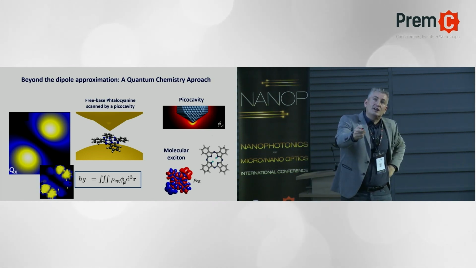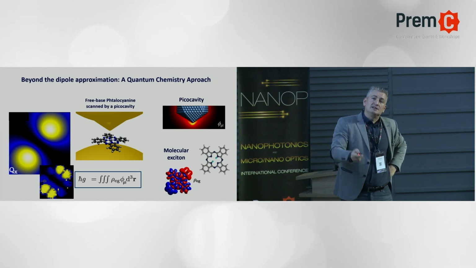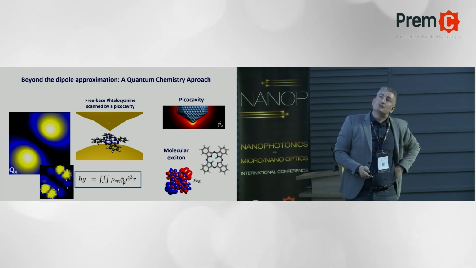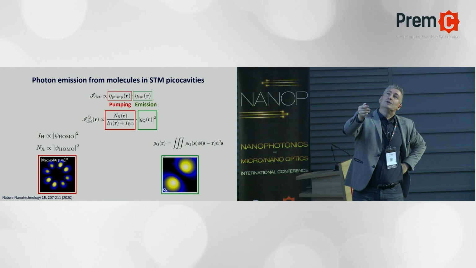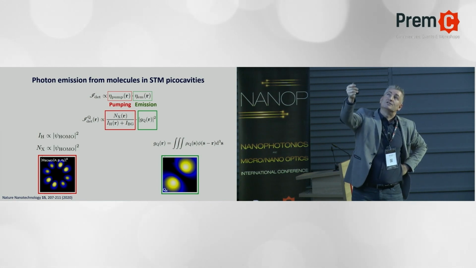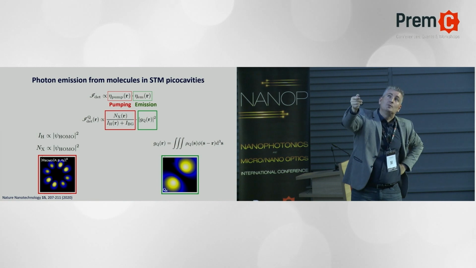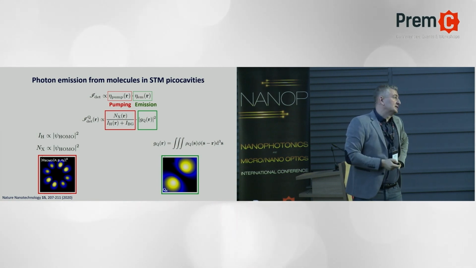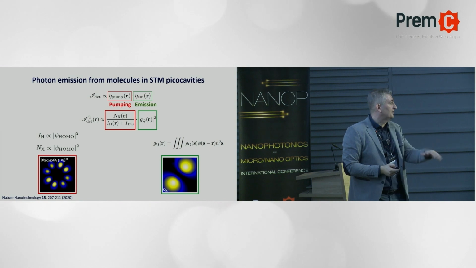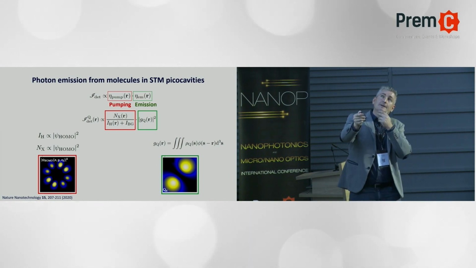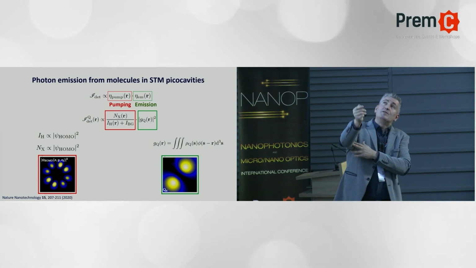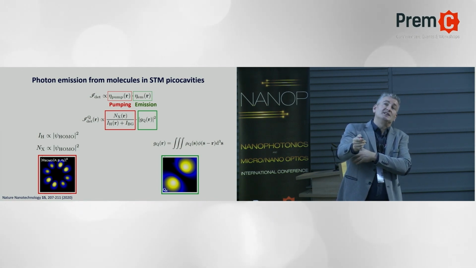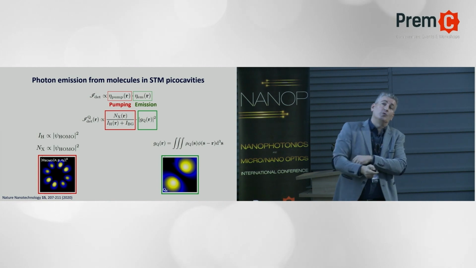We have here the photonic part, so to say, of the intensity, but we are mixing features. So we need to realize that like in any other radiative emission process, the probability of emission has to do with this radiative channel, which is given by G, but also by the pumping probability. And in electroluminescence, this is not the local field squared, like in photoluminescence. Here, there's a delicate balance of rate equations between states, and we found out that the pumping probability goes proportional to the density of the HOMO, the highest occupied molecular orbital level, which looks like this.